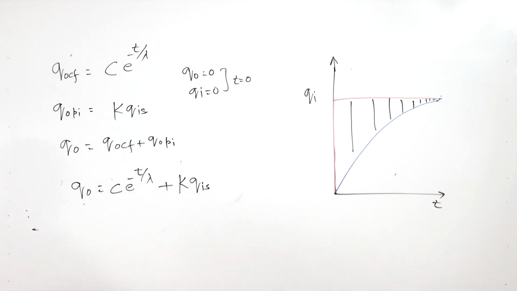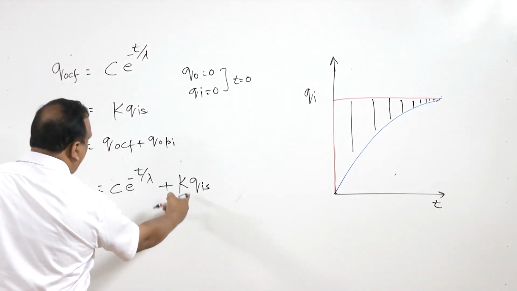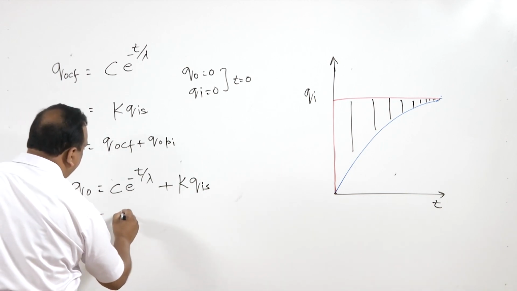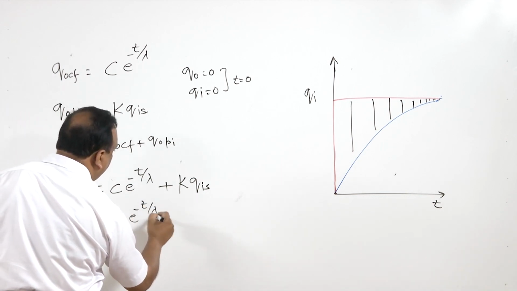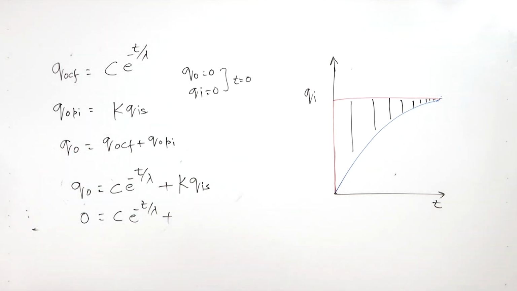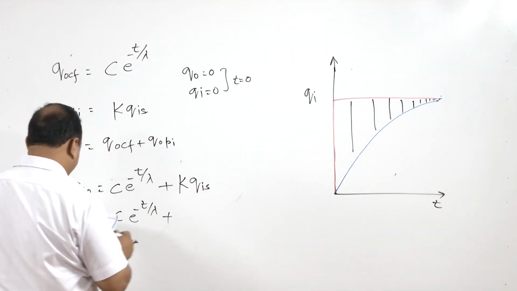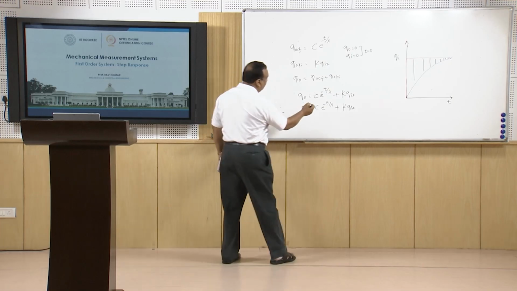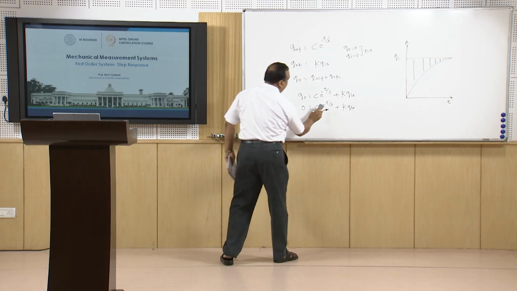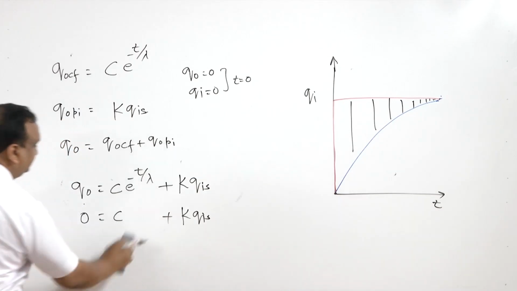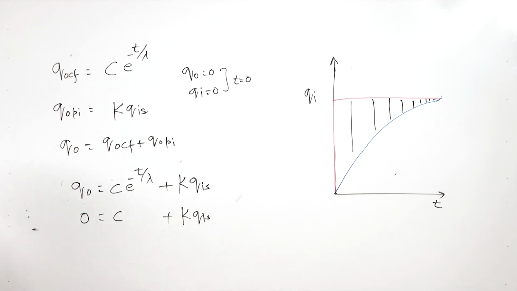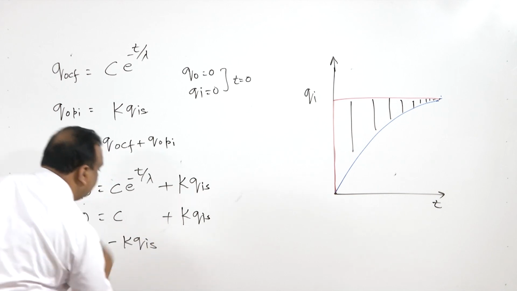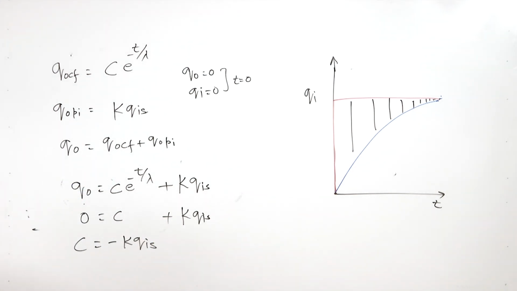So 0 is equal to C e raised to power minus t by lambda plus K Q_IS. Now, because at t is equal to 0 this term will also become 1, C is equal to minus K Q_IS, right?